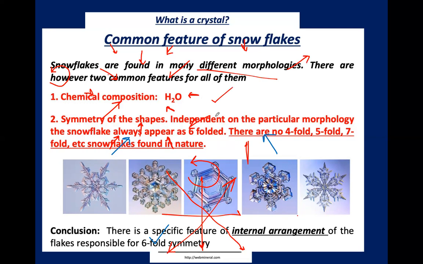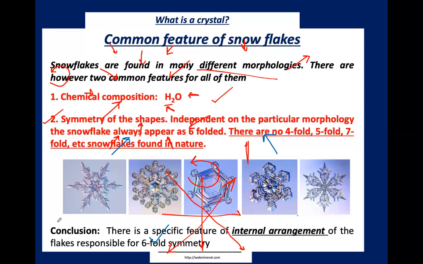Irrespective of their shape or anything, the chemistry is the same. So this applies to other crystals as well. For minerals also this applies. The chemistry is constant for minerals also. We will learn about these things later. And the other one we already discussed, that is the symmetry of the shape.